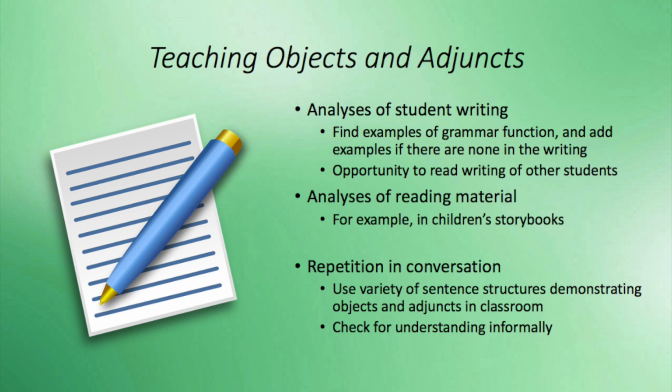Particularly for younger children, I thought maybe this could be done with reading material. I feel like those types of grammar functions are found commonly in children's storybooks. And the bullet I have at the bottom about repetition and conversation is mainly referring to the placement of adjuncts and prepositions. So I think the one way that people are going to get an ear for it is really just hearing it used correctly, consistently over and over.